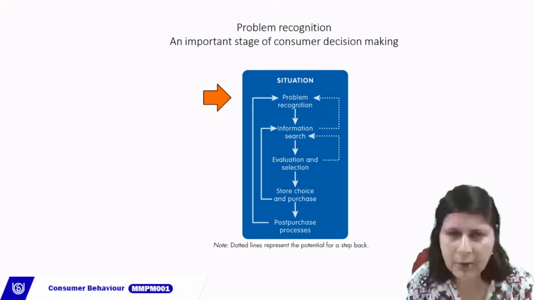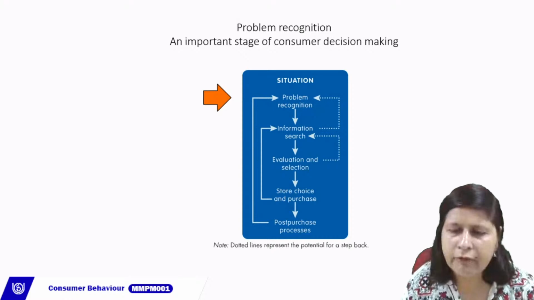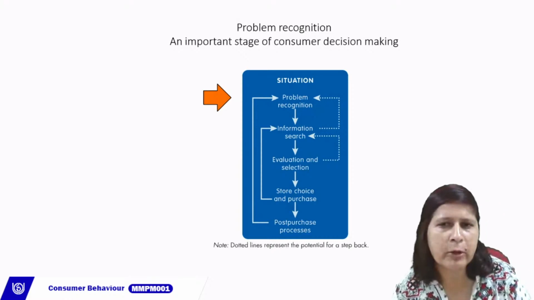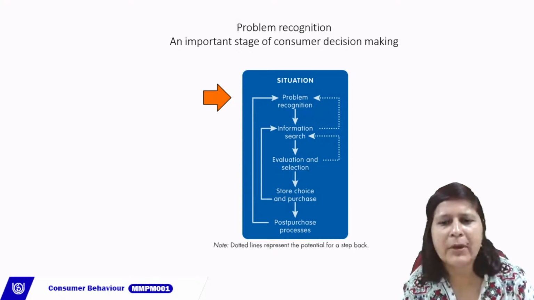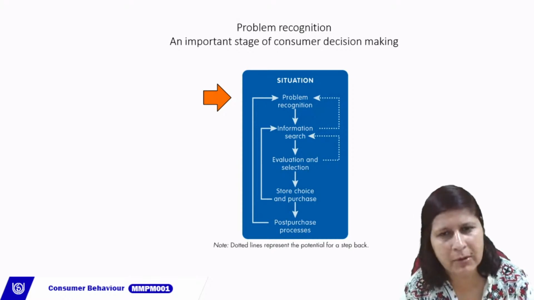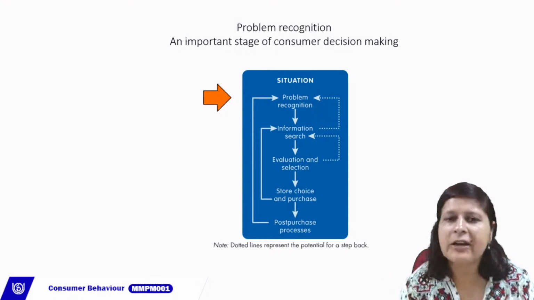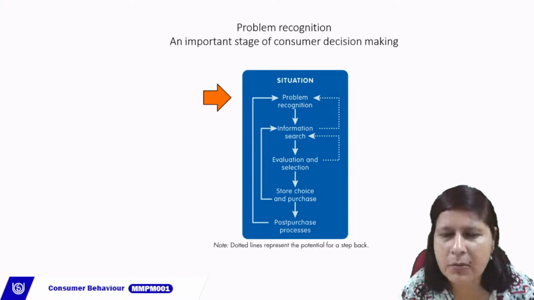I have recognized a problem and started looking for information, then I realized no, my problem could be somewhat different, so I went back to problem recognition. So this is problem recognition, and it is an important stage of consumer decision making.